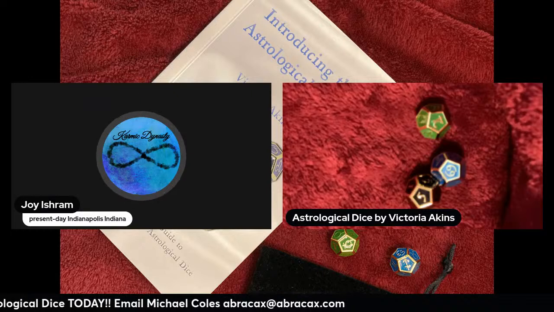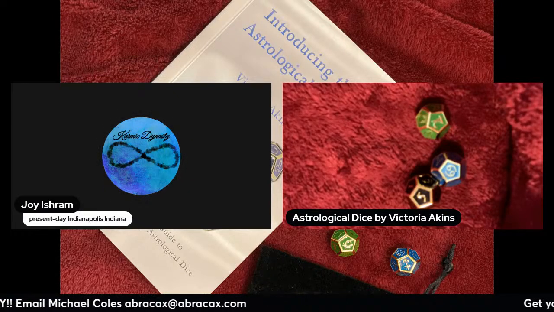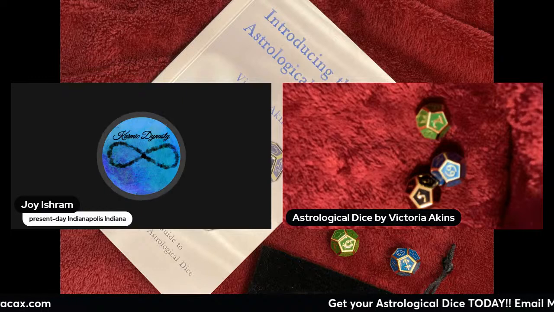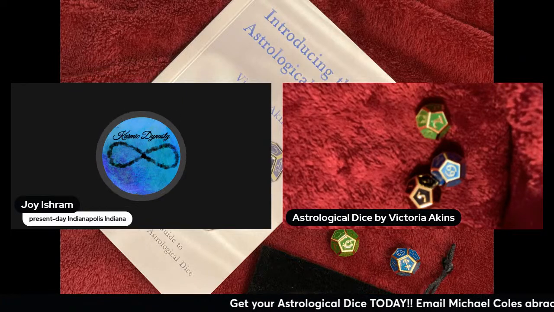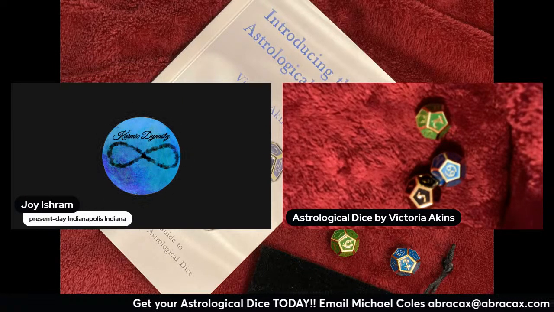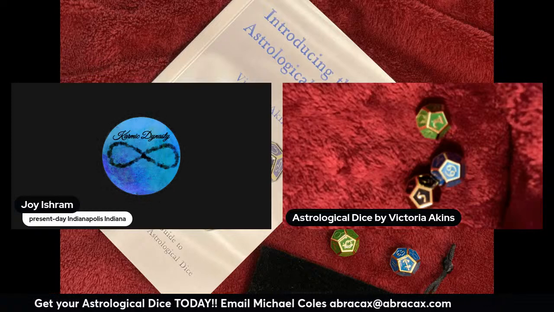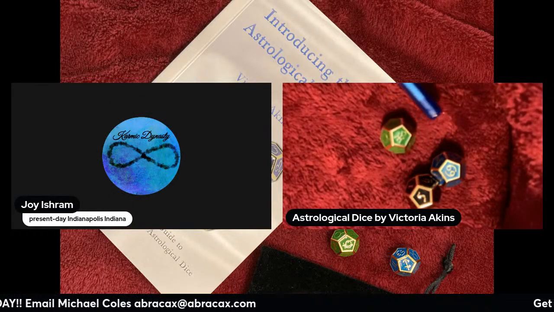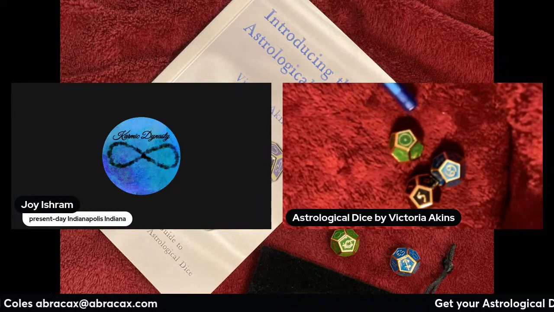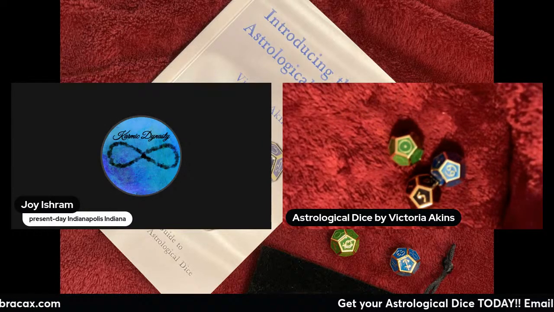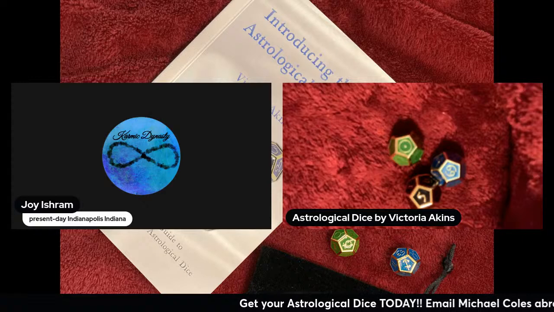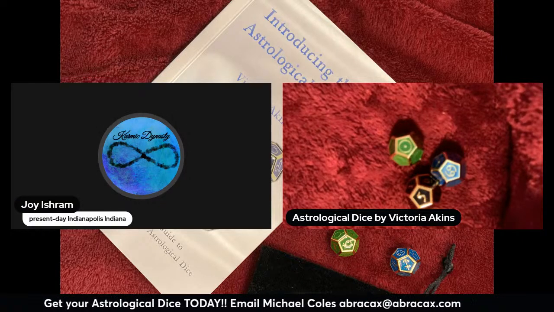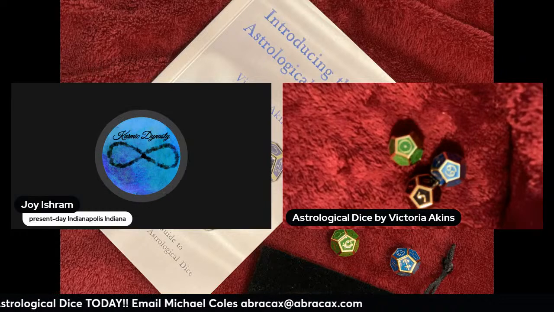Okay, in the dice reading, the sun represents life force, along with self-identity, personal power, self-esteem, creative expression, sense of purpose, pride, leadership, authority, health, strength, and spontaneity.